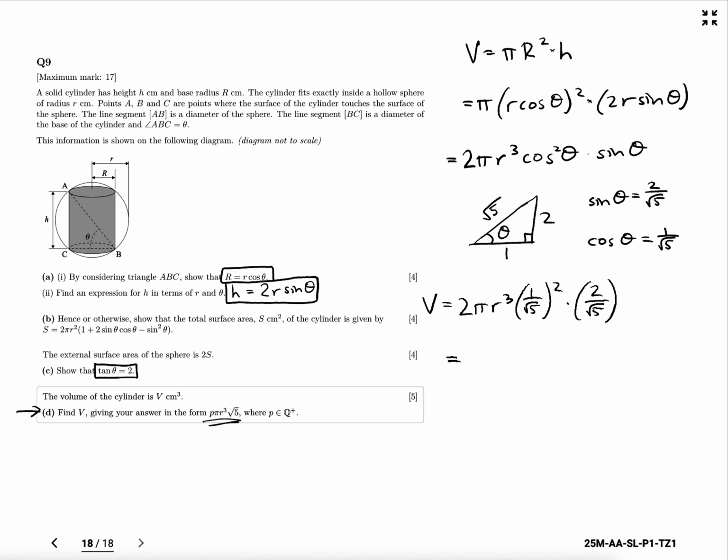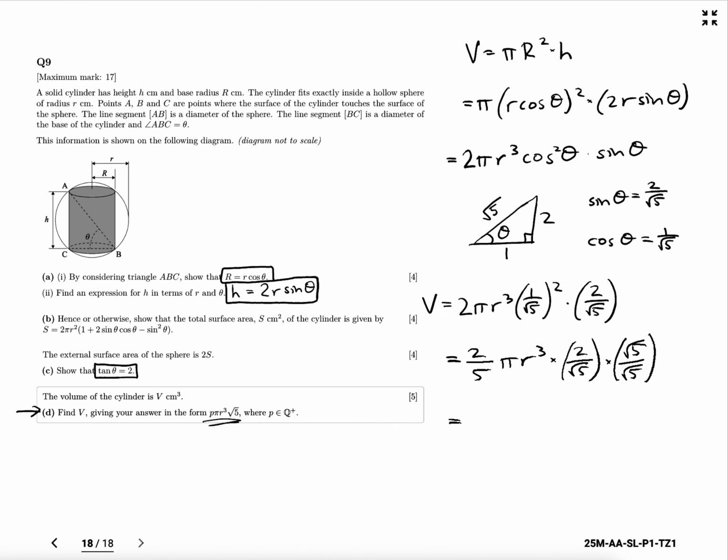Let's simplify this a bit. So (1 over root 5) squared is 1 over 5. So we've got 2 over 5 pi r cubed times 2 over root 5. And we want to rationalize the denominator by multiplying top and bottom by root 5 over root 5.